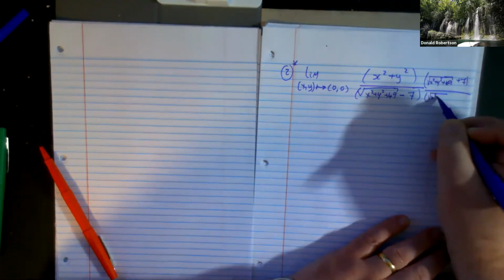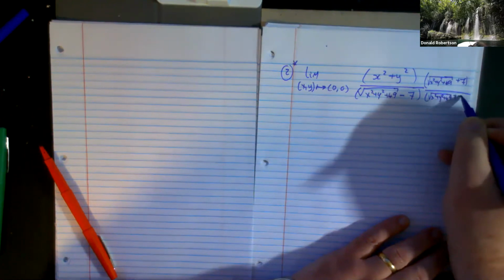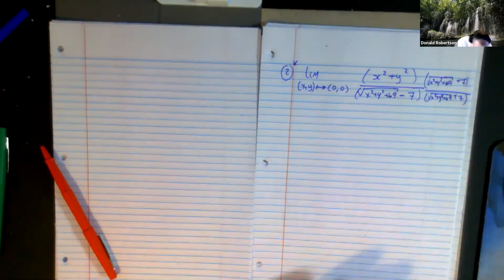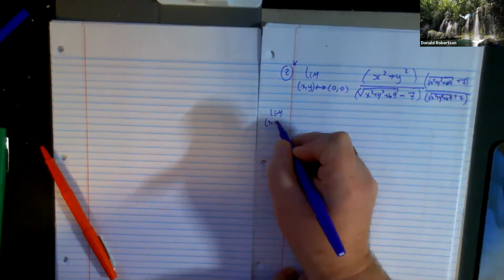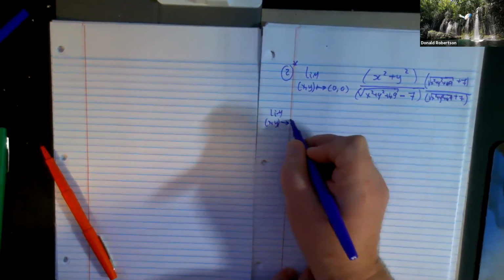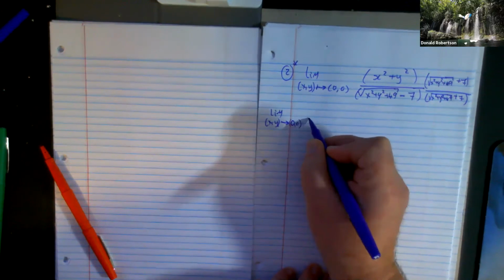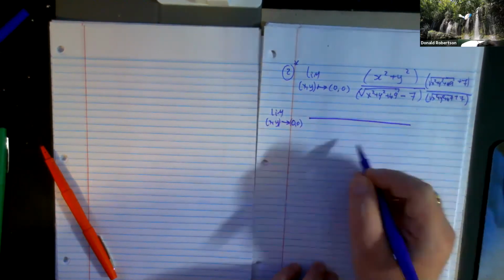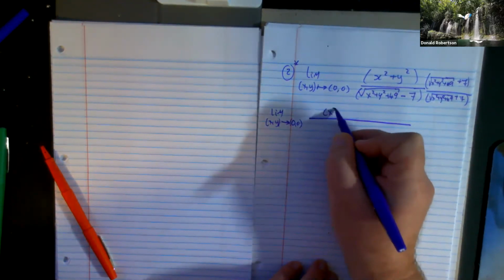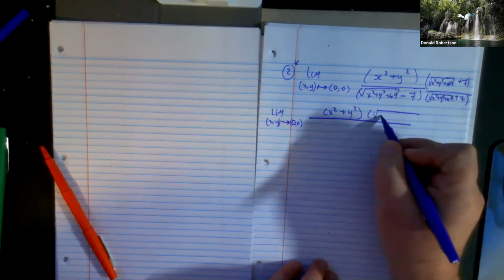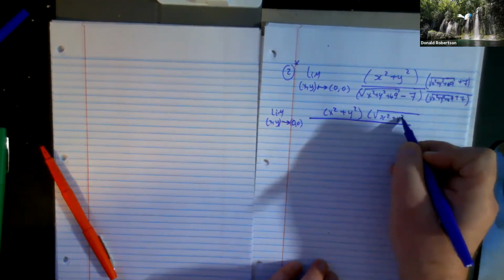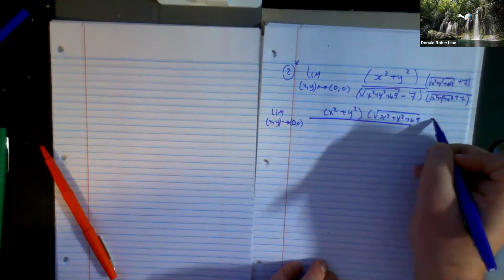And do you notice that the conjugate method doesn't care if the square root's on the top or the bottom, right? It has no effect. Now, that's going to be the limit as x, y tends to the origin. On the top, I'm going to have x squared plus y squared times this large, quite ugly square root.